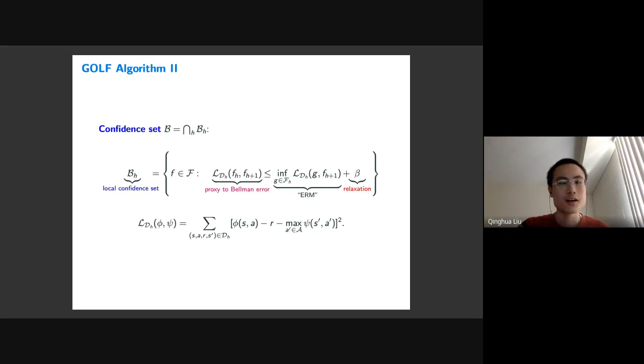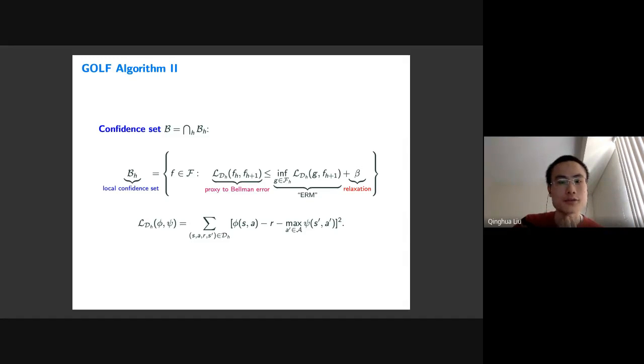Okay, so our confidence set is the intersection of capital H local confidence sets. For the confidence set at step h, we define it to be all the functions satisfying this condition. So let's parse this condition bit by bit.